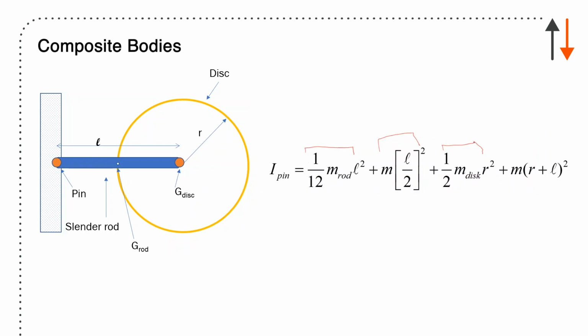For the other term, you've got 1/2 m r squared plus m times (r plus L over 2) squared in this particular case, and there again another distance to the point of interest. Rod, disc.